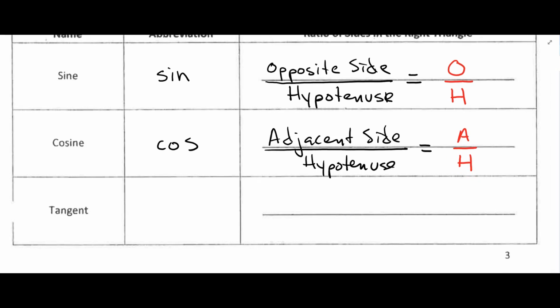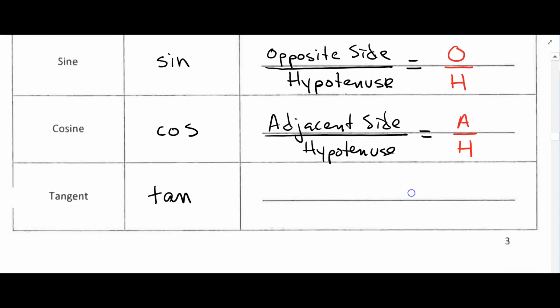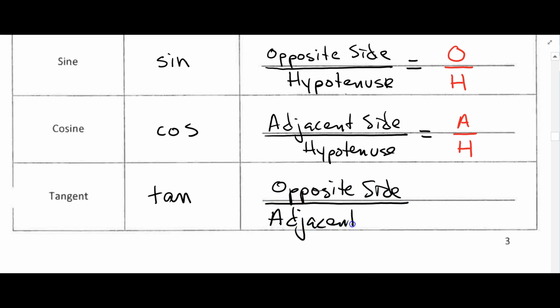And the last one is the tangent, which we just abbreviate TAN. Even though it spells tan, it's an abbreviation for tangent, and whenever we see it, we will say tangent. The ratio of sides in the right triangle is the ratio of the opposite side over the adjacent side.